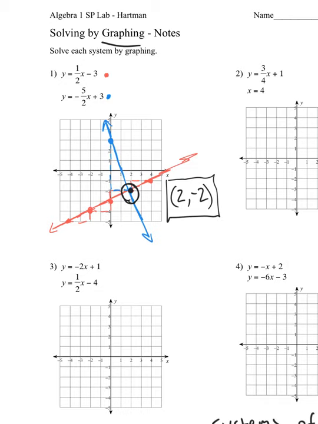You graph both lines, and you can visually see where they intersect. So this is a visual way to solve a system of equations, guys. As we go forward, we'll be looking at algebraic ways to do this. But certainly, guys, if you can graph a line, here you're just graphing 2 lines and seeing, hey, where do they cross at?